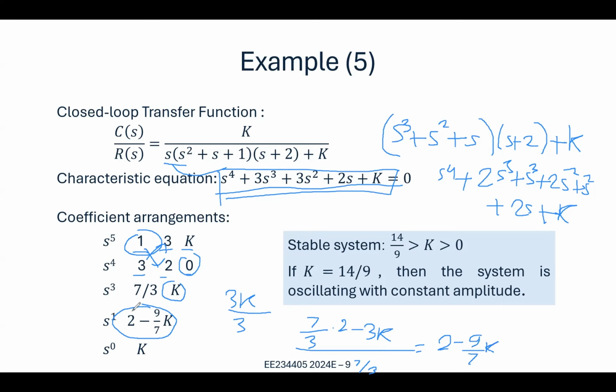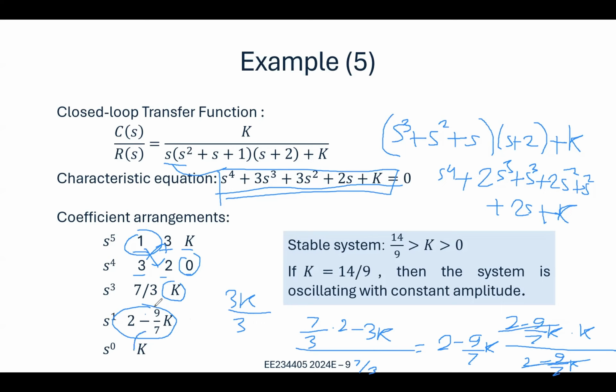So we have this value. And the last one here is 2 minus 9 per 7 k times k, minus 0, per 2 minus 9 per 7 k. So it would be like that, and we have k here.